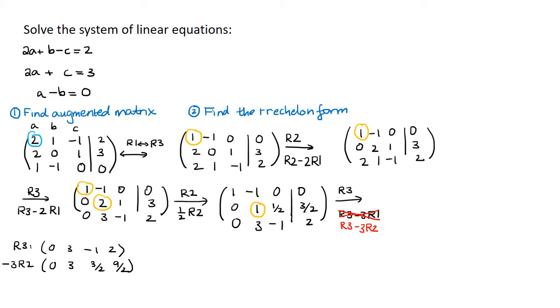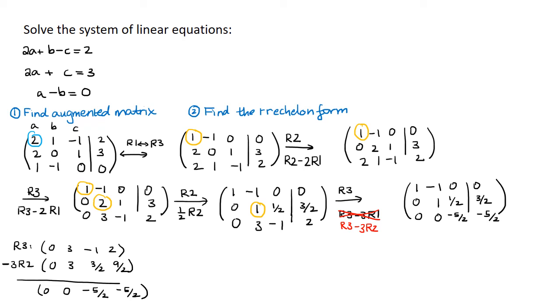If we subtract, we get 0, 0, -5/2, then 4/2 minus 9/2 is again -5/2. Okay, so this is going to be our new third row. All right, and we are now in echelon form. We want to continue on to reduced row echelon form.